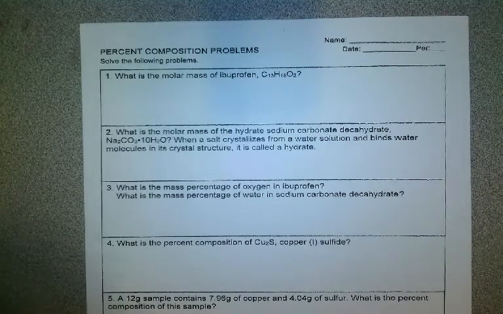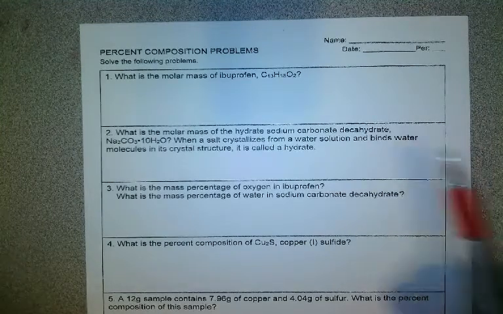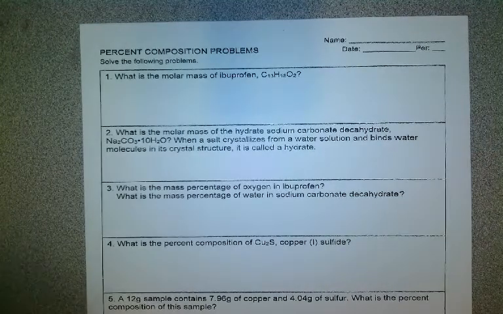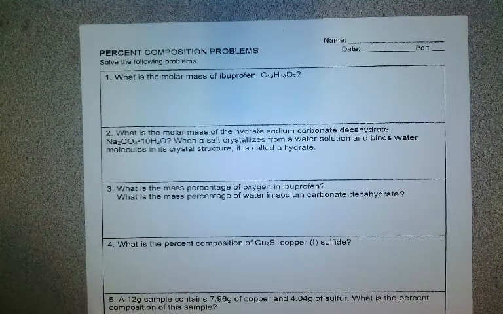However, what we haven't talked about, but is also true, is it represents the number of moles of that element within the compound. So when we say 13 carbons, we're actually saying there's 13 moles of carbon in this compound for 1 mole of ibuprofen.